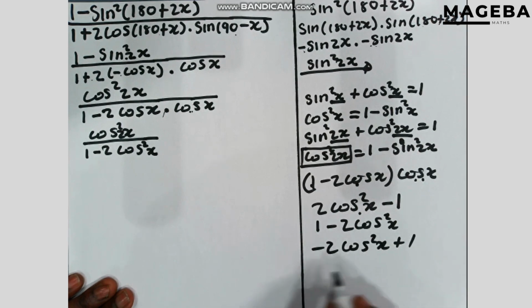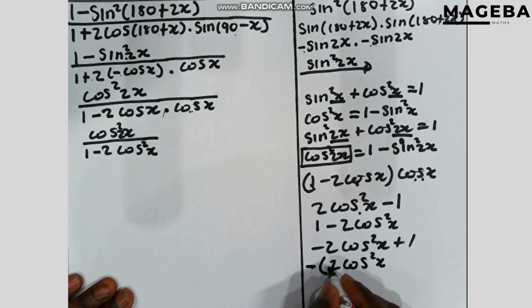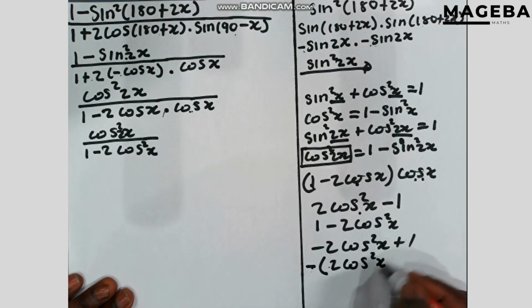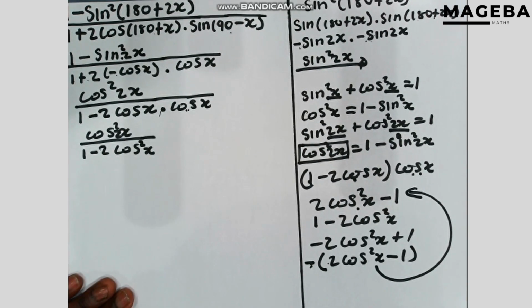Now it's not the same, but we can make it the same by taking a common factor of a negative sign. Taking a negative into this negative, we're left with positive, so it's going to be 2 cos squared x. Taking a negative into this positive, we're left with negative, because negative times negative gives us positive. So it's going to be negative 1. Now I hope you see that this is the same as this.